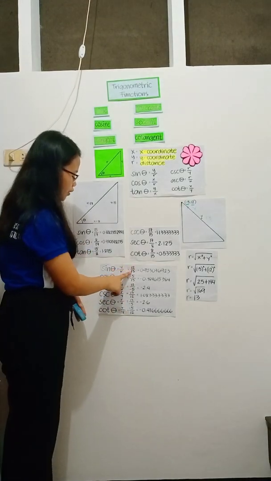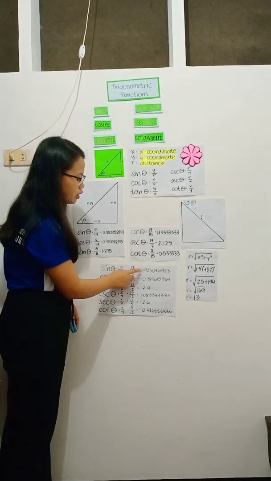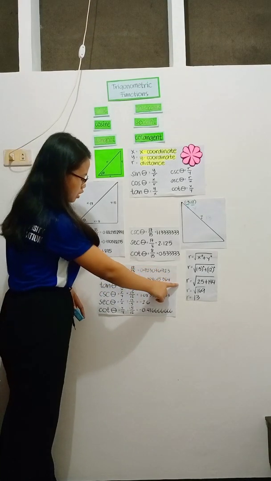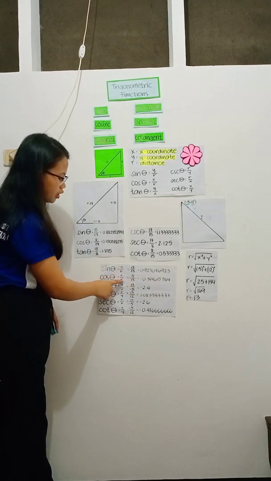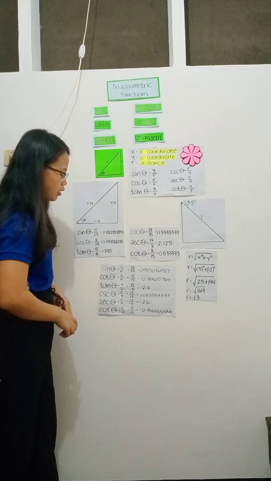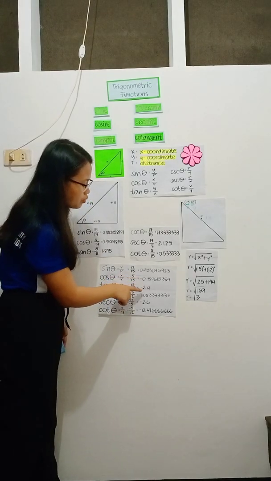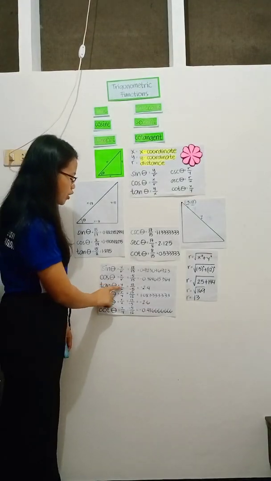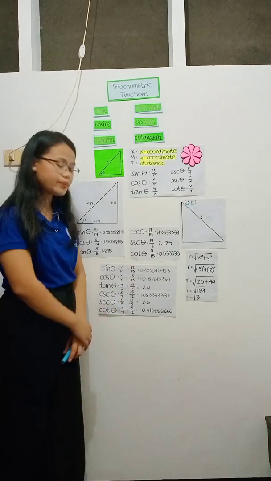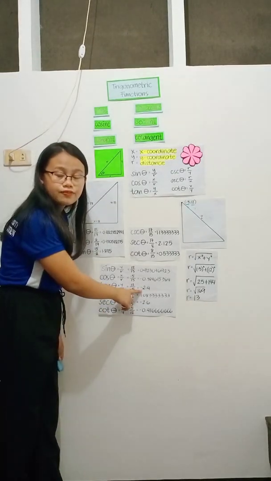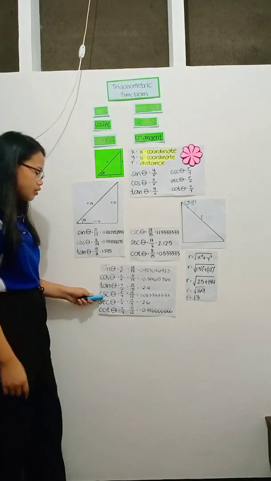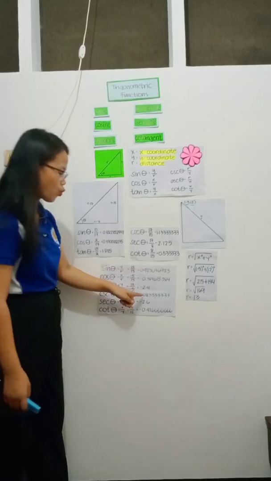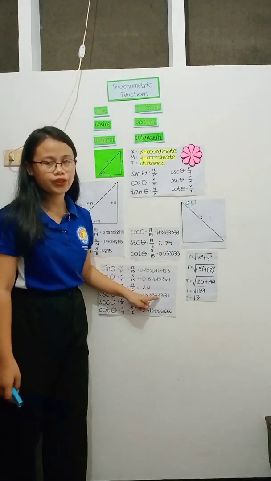So 12 divided by 13 for the sine, we're going to get the answer 0.923076923. For cosine, x over r, negative 5 over 13, the answer is negative 0.384615384. For tangent, y over x, 12 divided by negative 5, we have negative 2.4. For cosecant, r over y, 13 over 12, the answer is 1.083333.